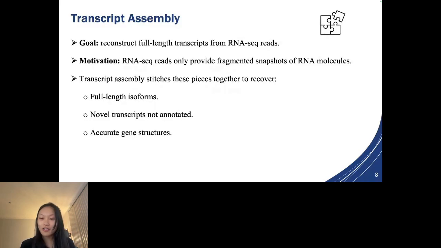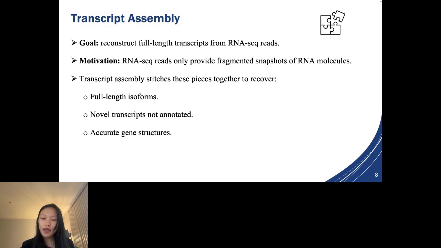The reads are individual pieces. Many of them might look similar or ambiguous. The goal is to figure out precisely how they fit together to reveal the complete picture, which in our case is the full-length, biologically active transcripts. This includes both known annotated transcripts and also potentially novel ones.